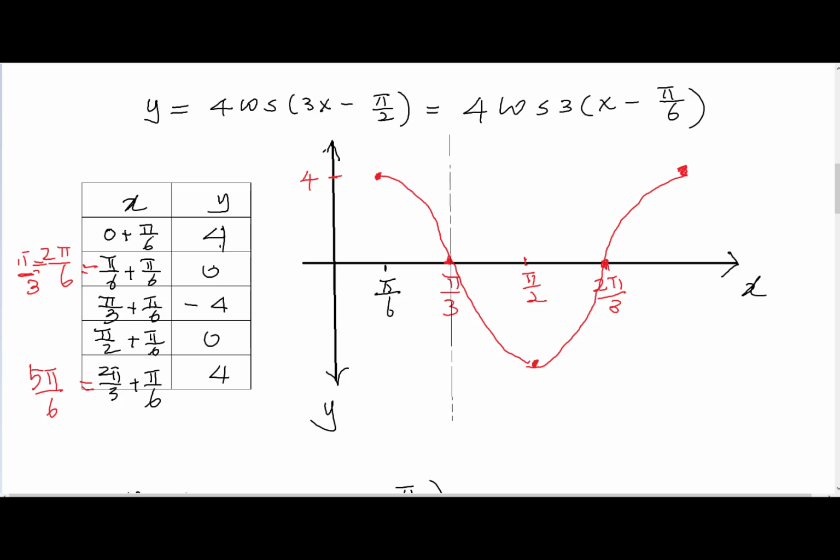This line is the vertical asymptote for the second function, and the equation of this vertical line is x equals pi over 3.